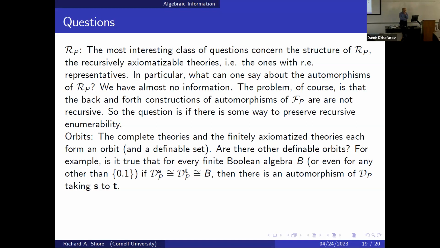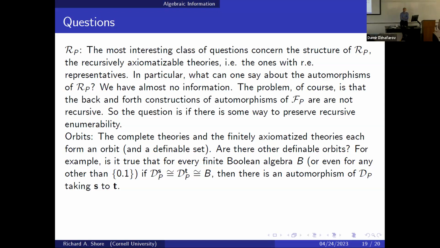So I've been thinking about this a bit, a week or two. And the most promising example seems to me to be the finite Boolean algebras. Suppose you have some finite Boolean algebra, and you have two degrees S and T, and the cone above each of them is isomorphic to this finite Boolean algebra.